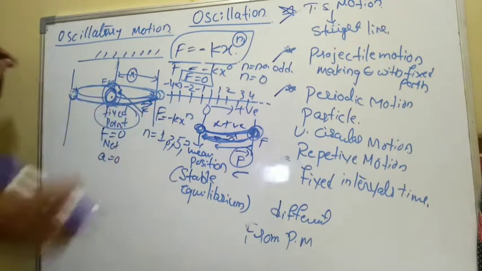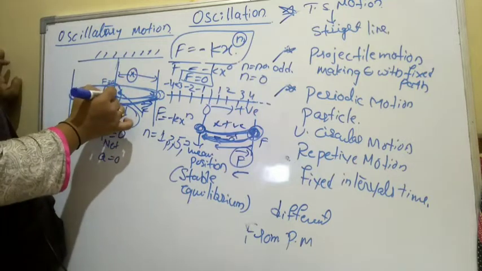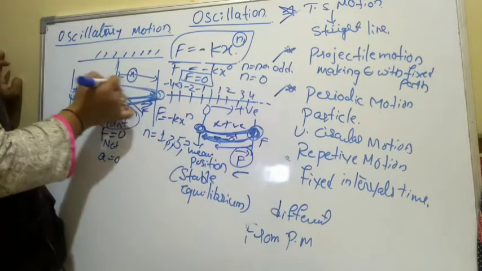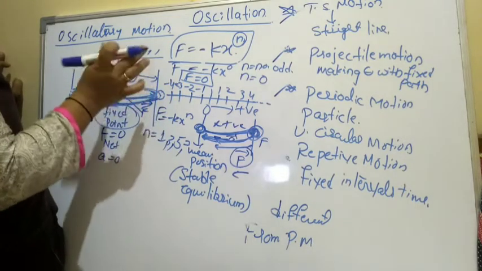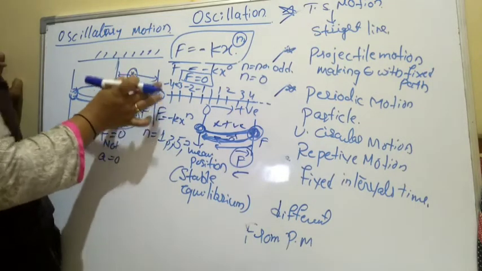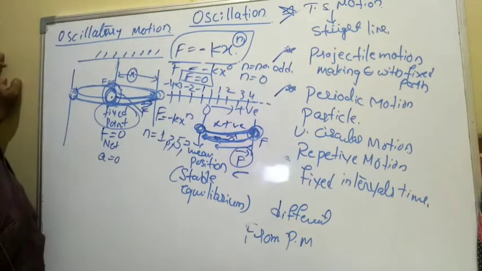Have you identified? Here in this position it is odd. First it will start, the second part it will reach this point, the third part again it is coming. Means first, third, 5, 7. So like that odd numbers will take place.